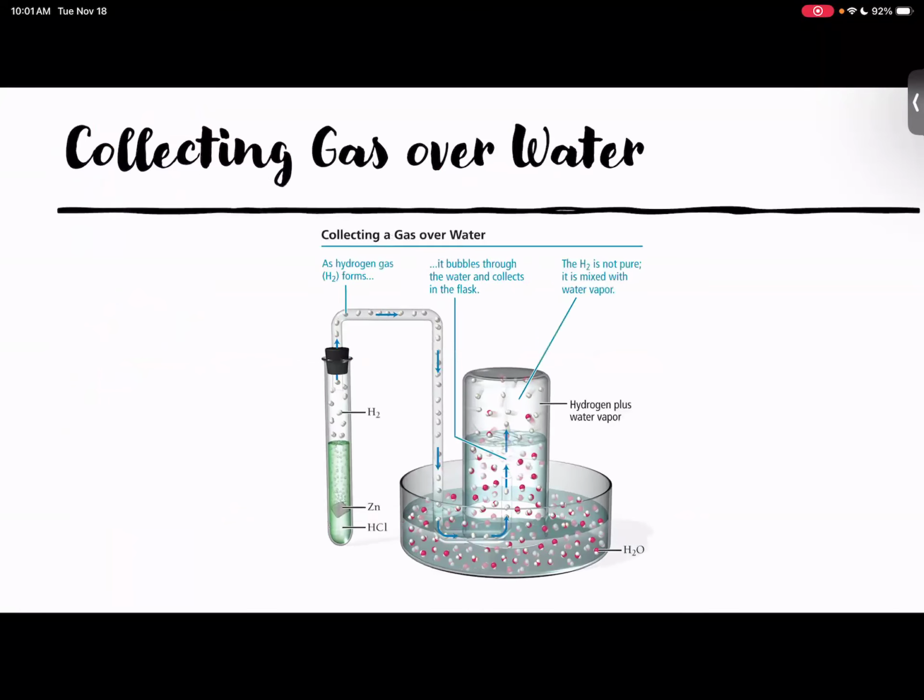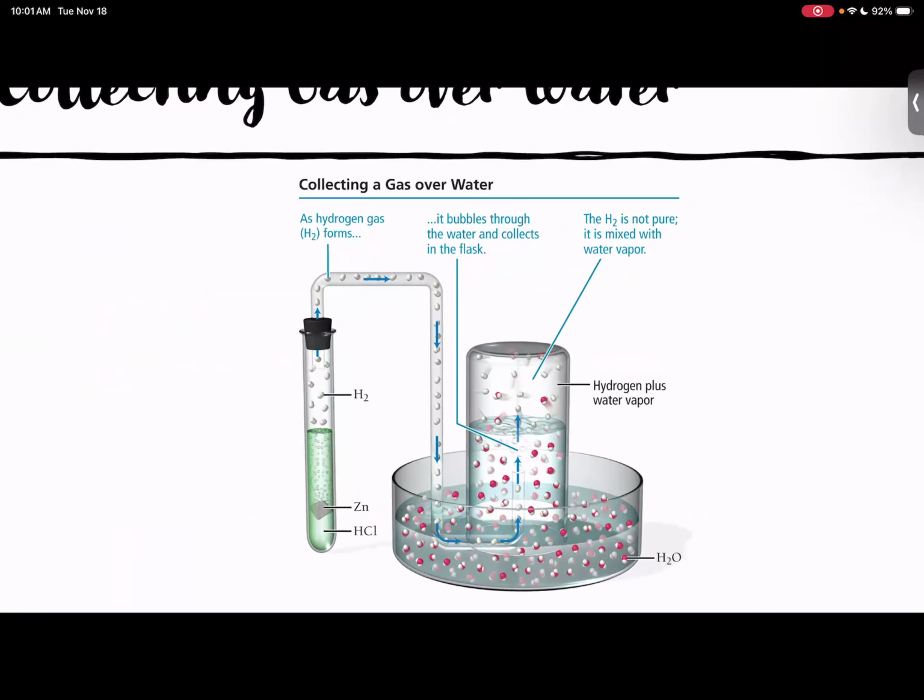Now, yesterday you collected gas over water. It was a slightly different setup, but it was essentially like this. What we did in this particular case, they reacted zinc with hydrochloric acid. That produced hydrogen gas. The hydrogen gas traveled through the U-joint up into a container, and as it did so, it displaced the water in the container, but the gas above the liquid level really consists of two things.